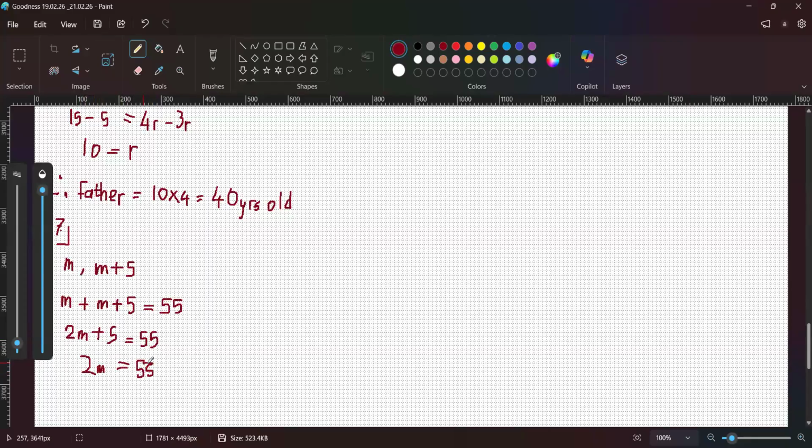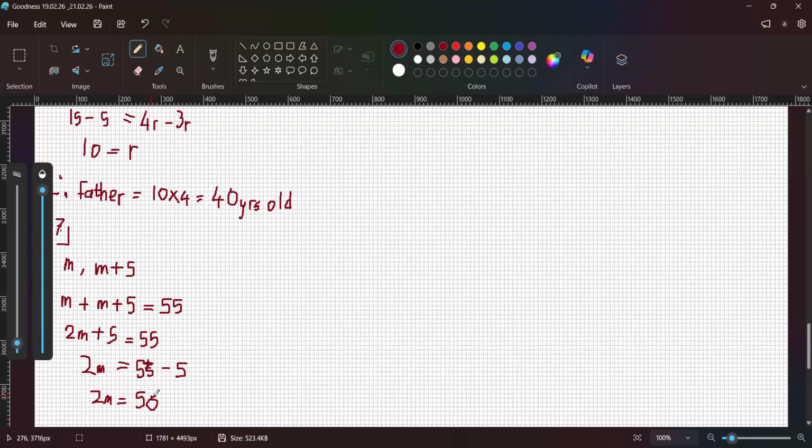See why I don't like my 5, it almost wants to look like that. 55 minus 5, which is 50. So that we have 2m equals 50, and we can divide both sides by what?